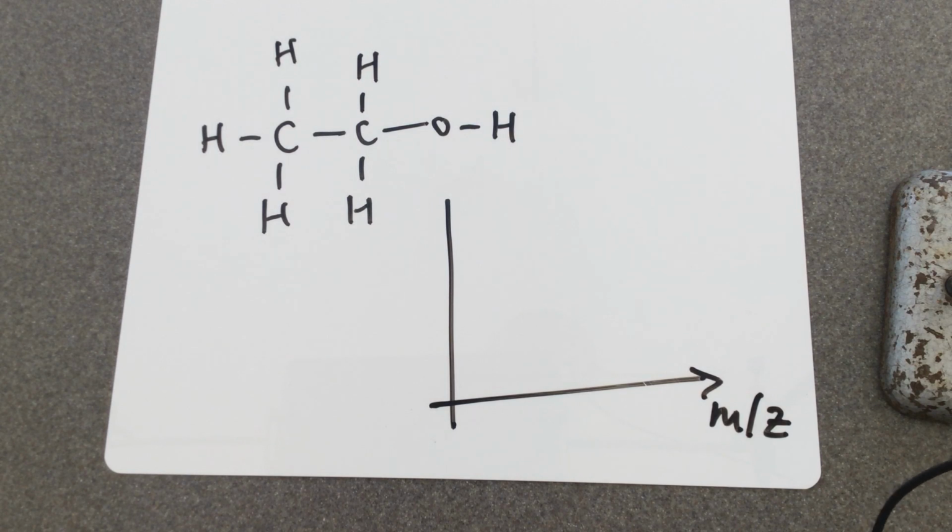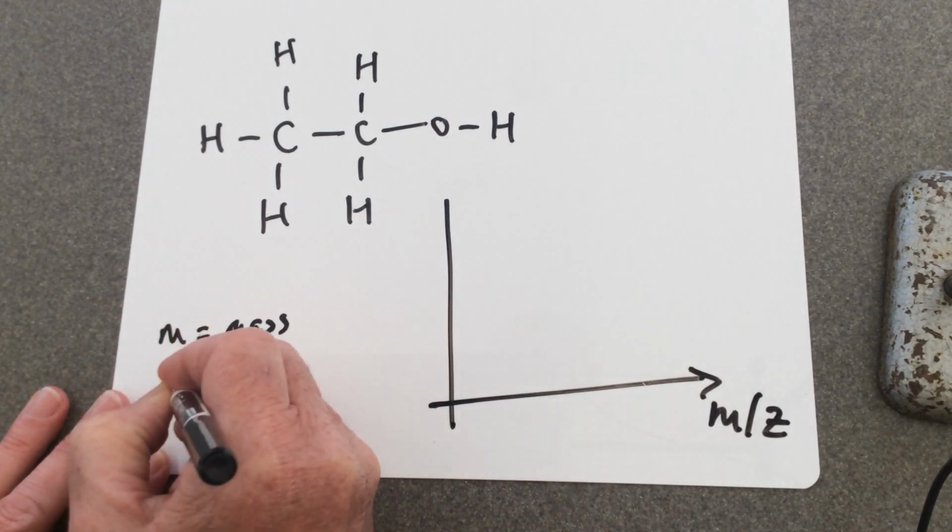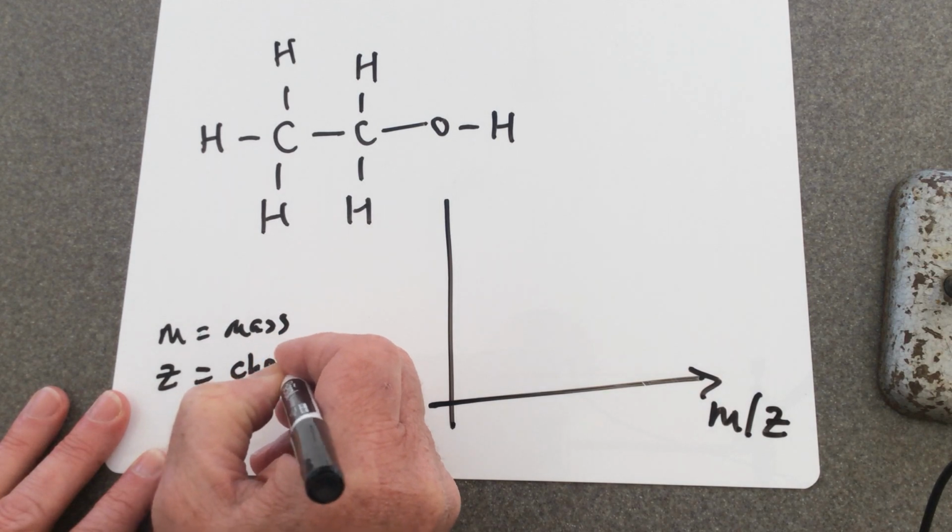So what? Well, here's our ethanol molecule. The mass spectrum is going to give us some kind of graphical readout. Let's introduce you to this axis, the M/Z axis. M is the mass. Z is charge.